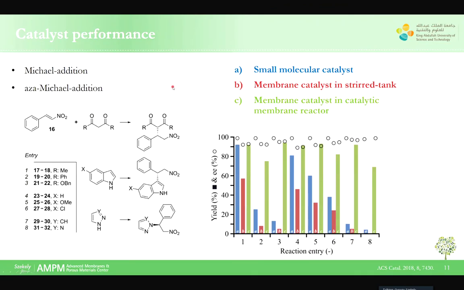Okay, so now let's focus on the actual performance of these membranes. So the catalyst is well suited for Michael addition and aza-Michael addition reactions, and this is what we focused on. You can see here the model reactions and the substrate scope. We changed the R and X and Y groups, so we tried a wide variety of compounds successfully.